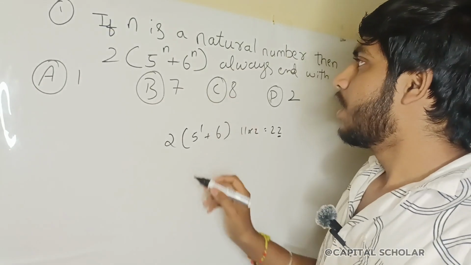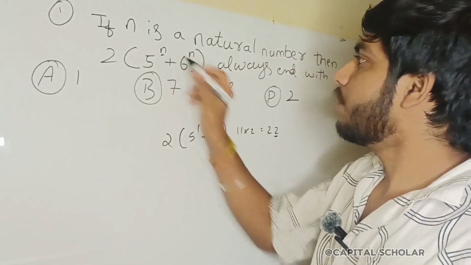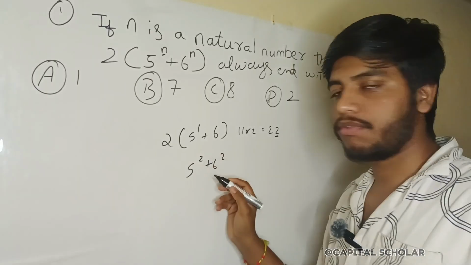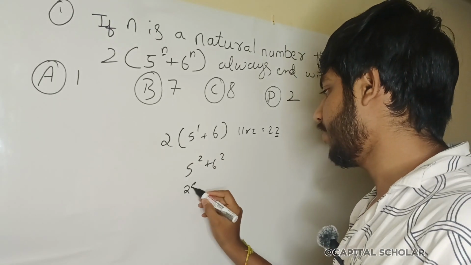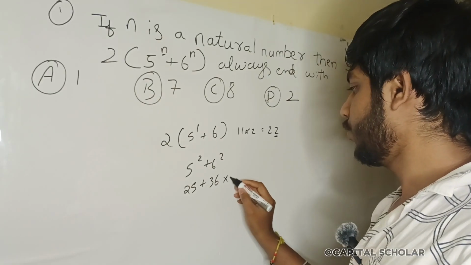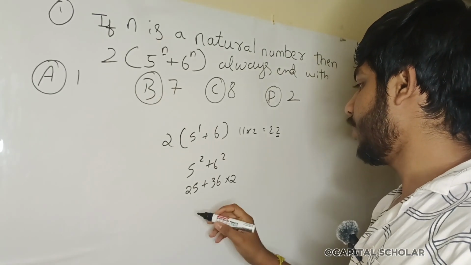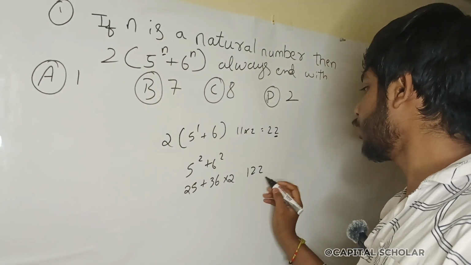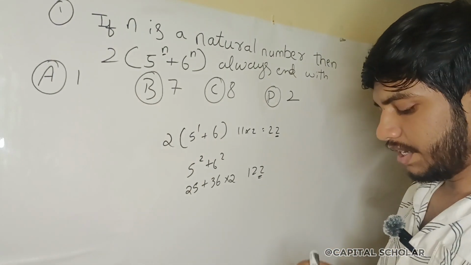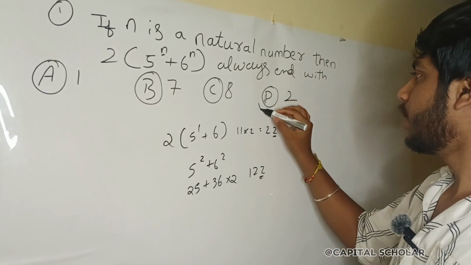Let us take 2 in the place of n. 5 to the power of 2 is 25, 6 to the power of 2 is 36, 36 into 2 is 72, plus 25 is 97. So even here the ending number is 2. So the answer will always be 2.